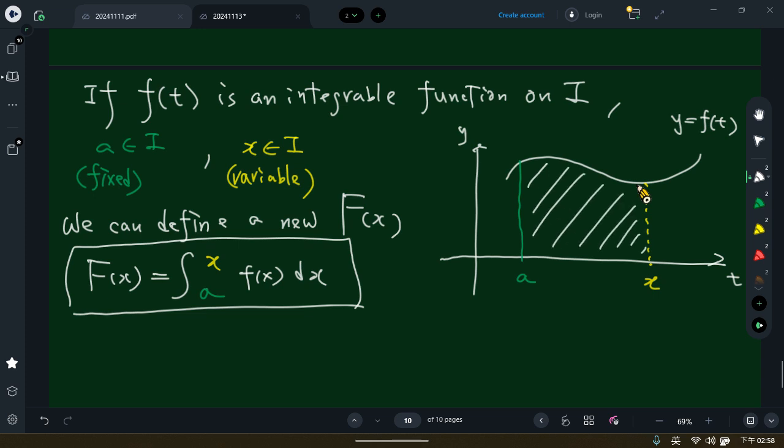You can see, we can regard F of x as the area for the function in the first quadrant, under the curve and above the x-axis from a to x. If I define the big F as this one, please notice small f is about this one, but big F is about this one.